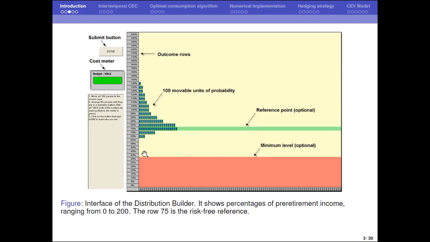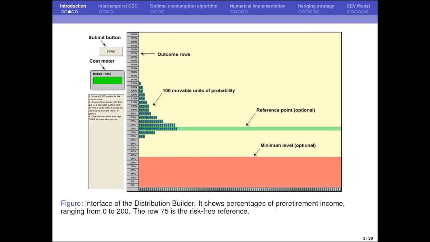It's like a Tetris, and each block represents a percentage of the pre-retirement income. If you see, the y-axis is from 0 to 200, and each person can arrange the blocks. There are about 40 blocks that they have to arrange. And there's a reference point that is 75% of the income.